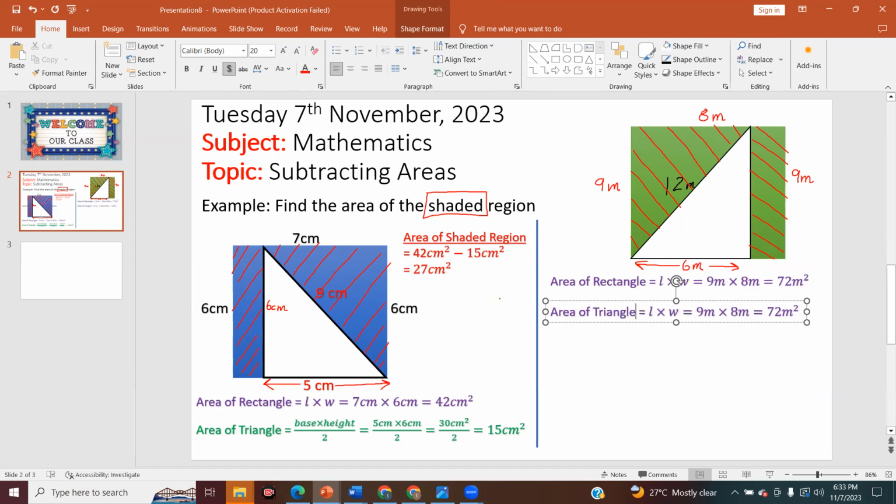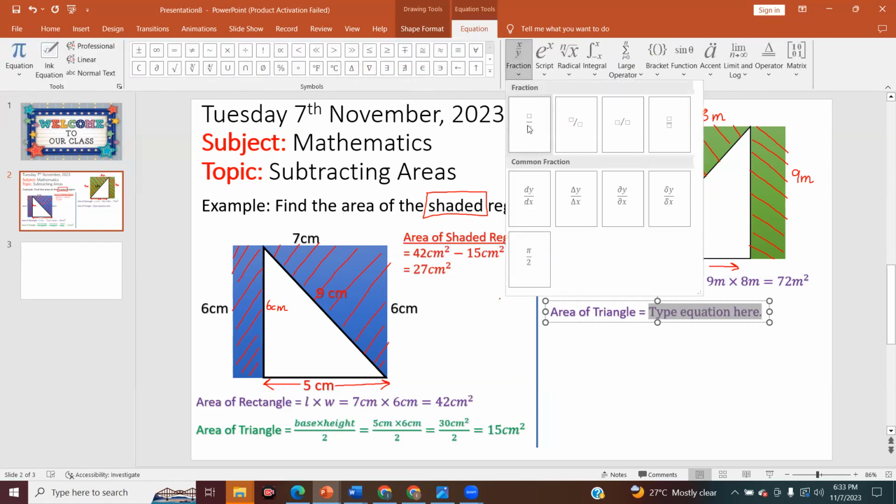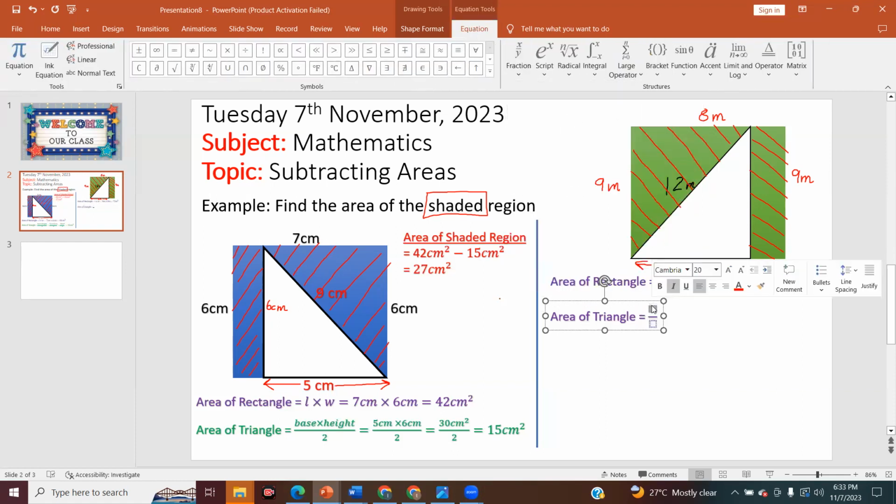We have to multiply base times height. Base times height. And then divided by what? Divided by 2. Very good. So we have to do base times height divided by 2. Thank you, Samaya.